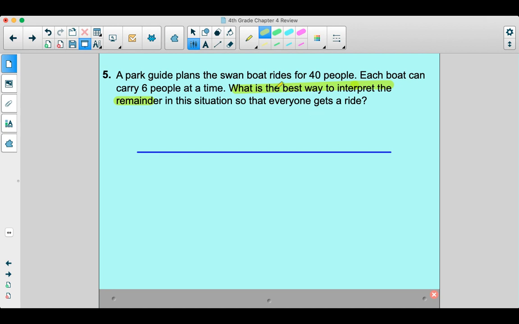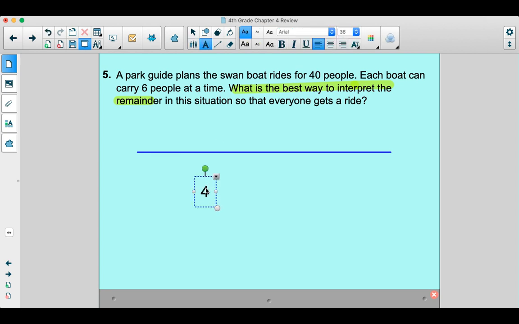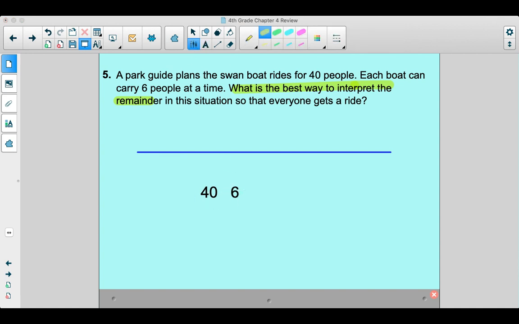So if you had 40 divided by 6, you know that there would be a remainder. Basically, the story tells you so. So perhaps you want to solve it, but we actually really don't need to. So the best thing to do so that everyone gets a ride is basically you got to just increase your quotient by 1.